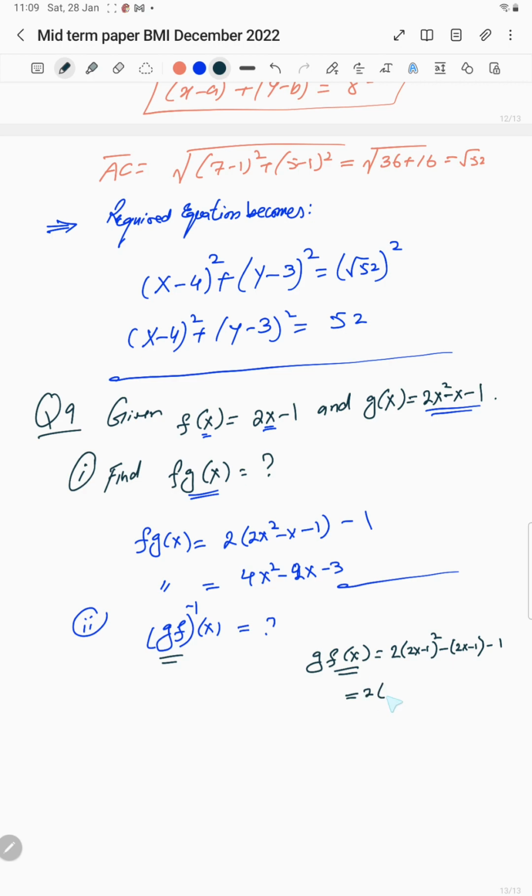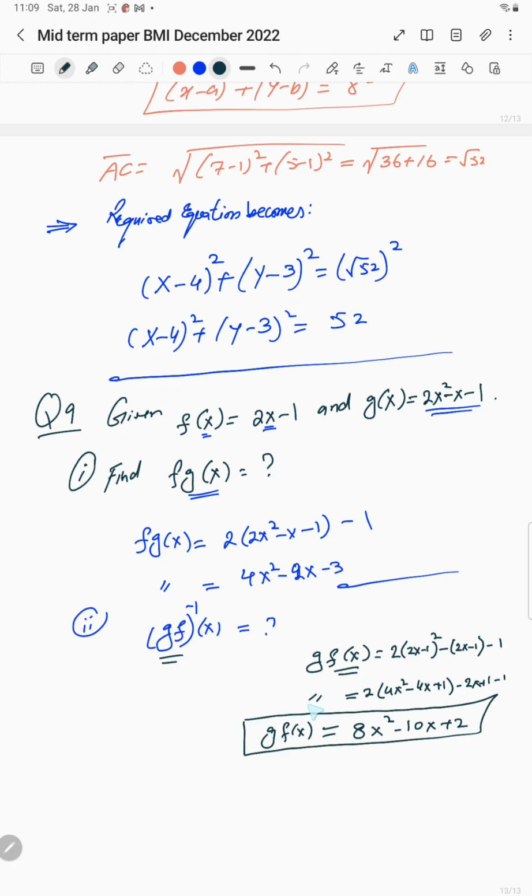Simplify it: 4x square minus 4x plus 1, minus 2x plus 1, minus 1. So finally, the function gf of x, we will get 8x square minus 10x plus 2. This is the new function gf of x.